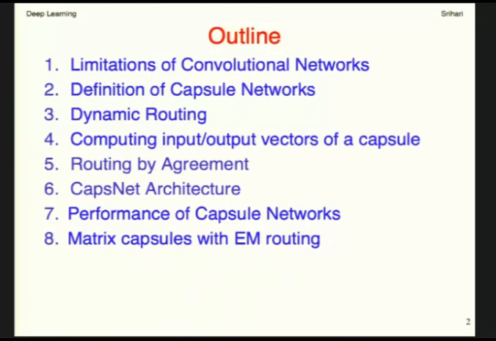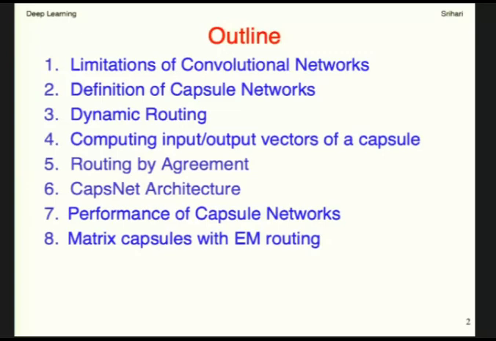We multiply the values of the units, let's say starting with the inputs, by these weights and add them up. Then there is an activation function at that unit, which is a nonlinearity, which takes that weighted sum as input and maps it to typically 0 to 1 if we're using sigmoid, or some other variations such as ReLU, and so on. So that's what happens in a regular neural network.